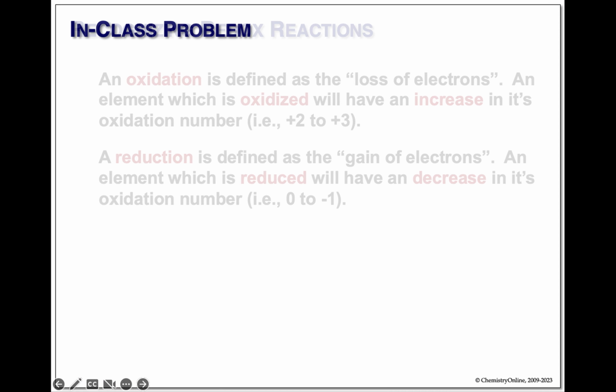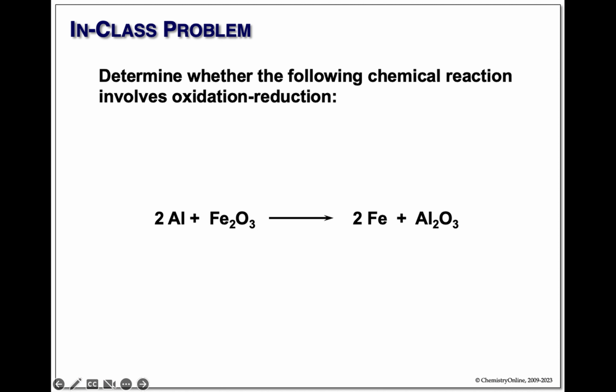So if we have this reaction, aluminum with iron(III) oxide, we will get iron and aluminum oxide. This is a single replacement where the metal replaces the metal. Who has been oxidized? Who has been reduced?